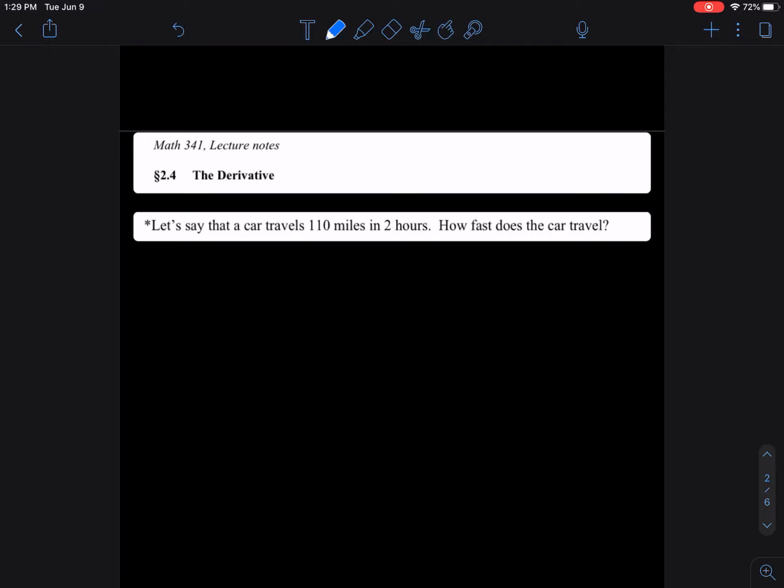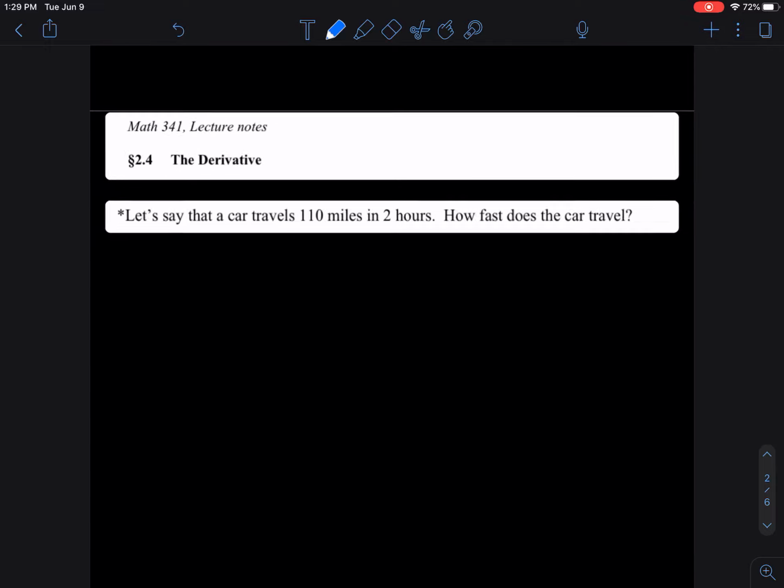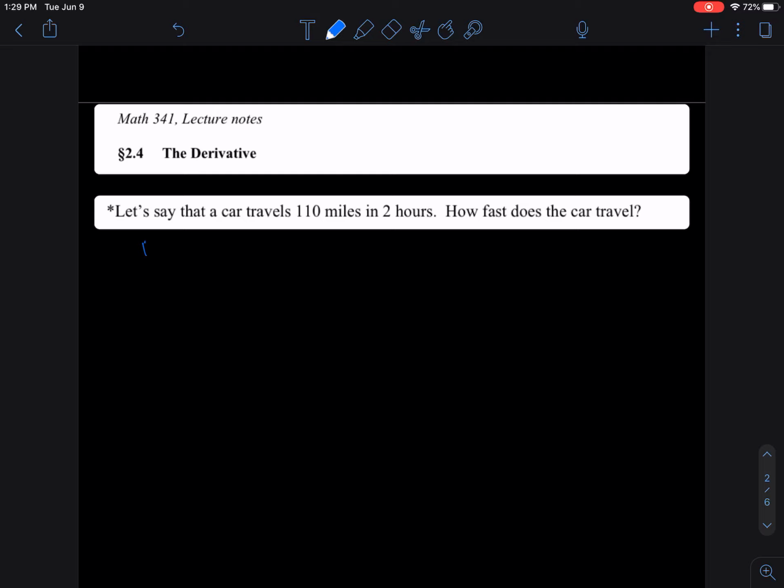Normally for a problem like this, we use the formula distance equals rate times time. So the distance is 110, the time is 2, and you have to find the rate, which is the speed. So the speed is 110 divided by 2, which is 55 miles per hour.